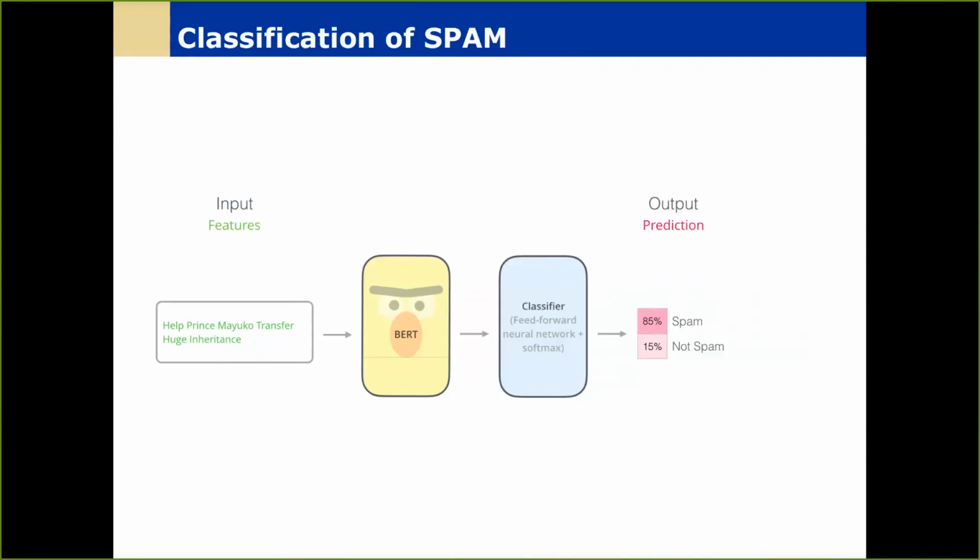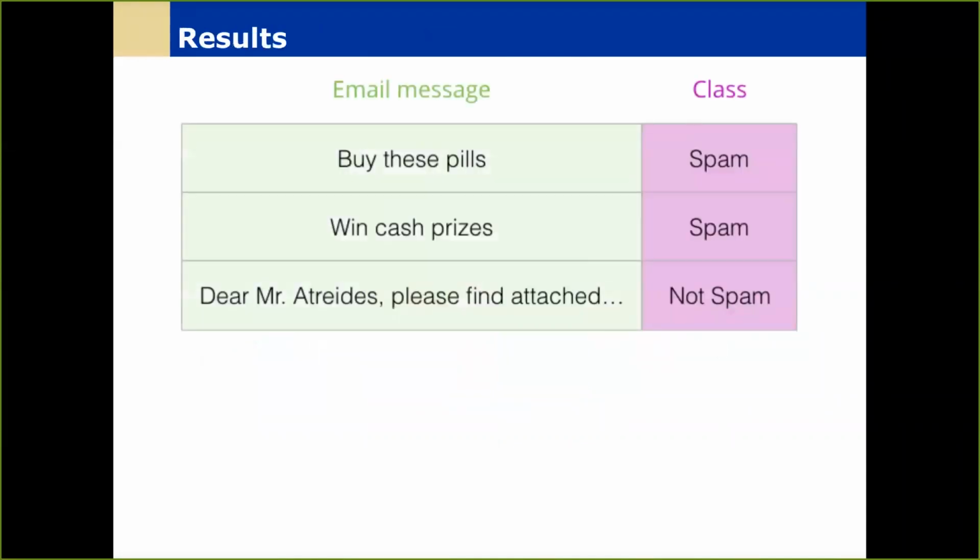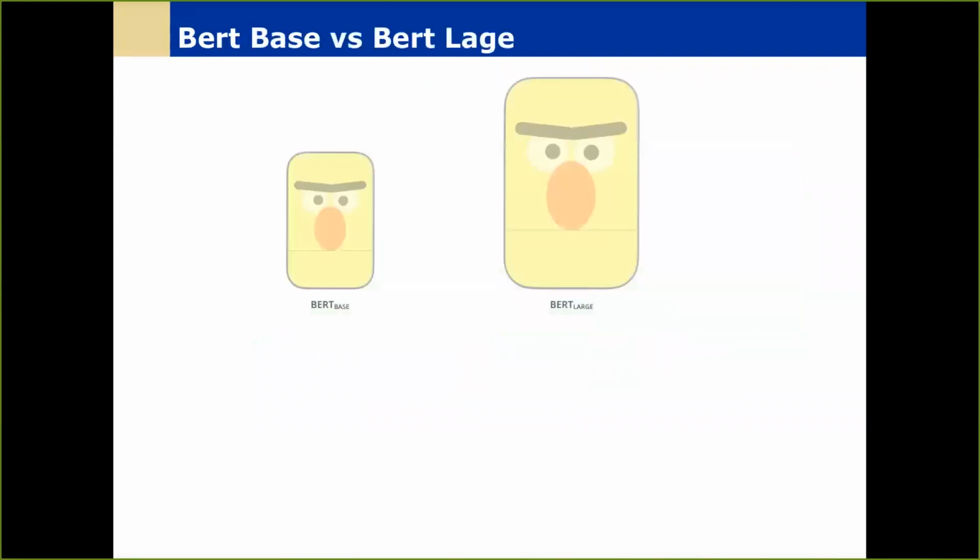Then we'll use a classifier, which is basically just a simple, fully connected feed-forward neural network, which will take that and, through supervised learning, apply that to our problem, which is trying to predict whether it's spam or not spam, right? So the result here is that the email message goes to spam or not spam.